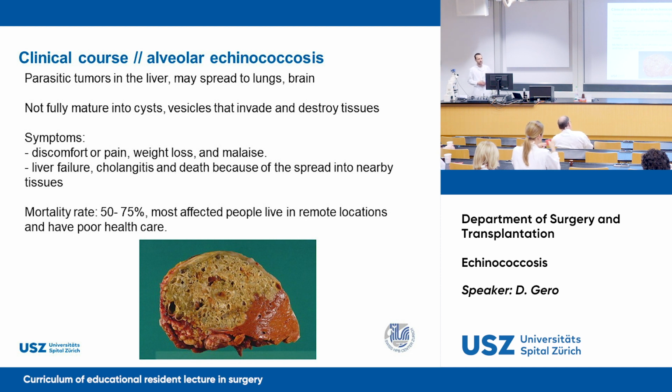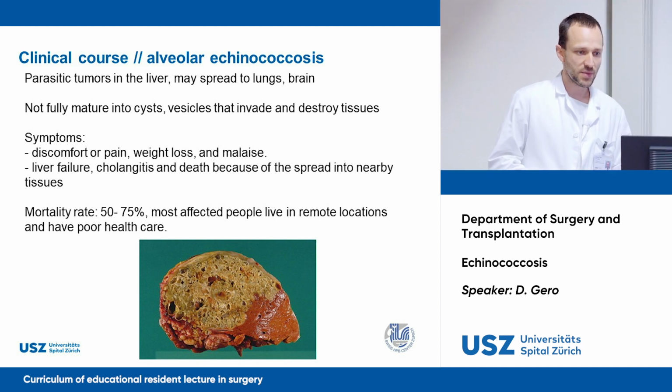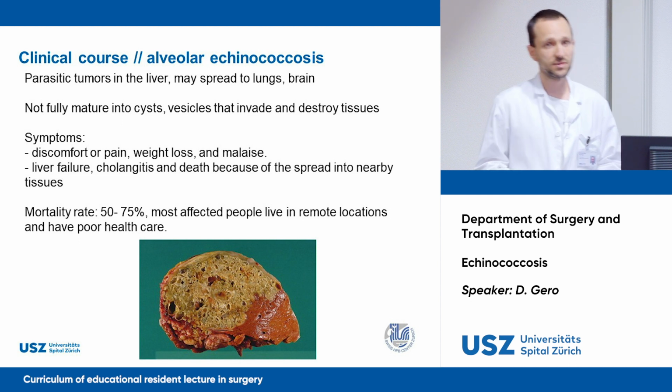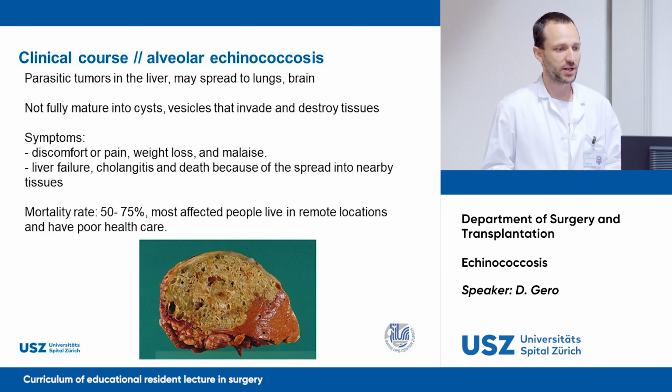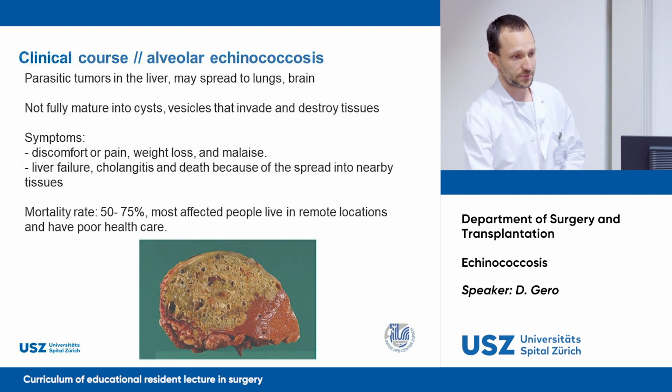This echinococcus does not fully mature into a cyst. It develops small vesicles that invade and destroy tissues. Symptoms are discomfort or pain, but can also lead to weight loss, malaise, liver failure, cholangitis, and death because of the spread into nearby tissues. The mortality rate is reported to be quite high, between 50 and 75%, because most affected people live in remote locations and have poor health care.